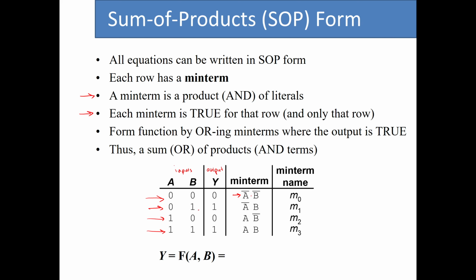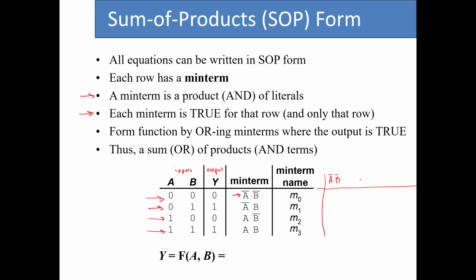This is easily verifiable. AND of A bar and B bar is only 1 when A is 0 and B is 0. So let me add some more columns to this table. And for these columns, I put the minterms.